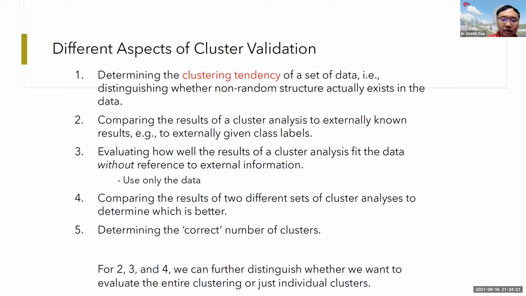And the fourth is comparing the results of two different sets of cluster analysis to determine which is better. You can compare based on the SSE of the produced clusters, for example. And the last one is determining the correct number of clusters. This can be judged by the ground truth, or determined based on, for example, when we talked about k-means, we said the optimal k leads to the minimal SSE, right?